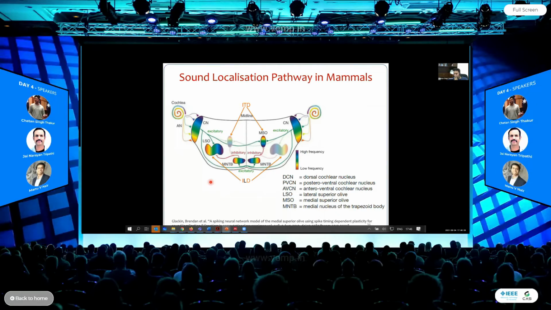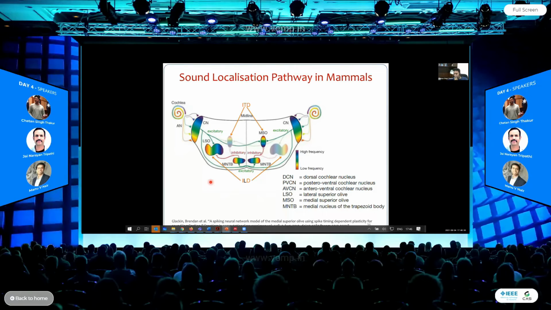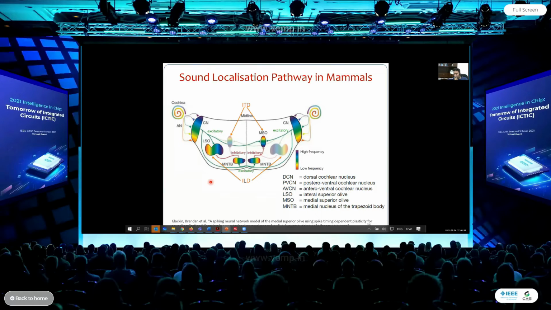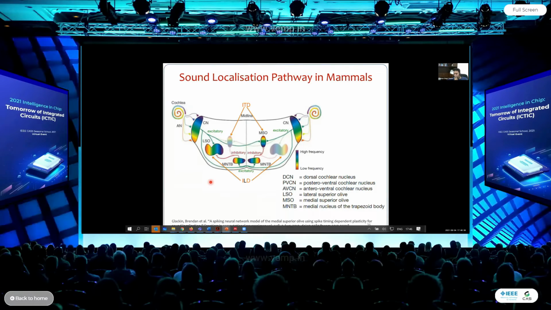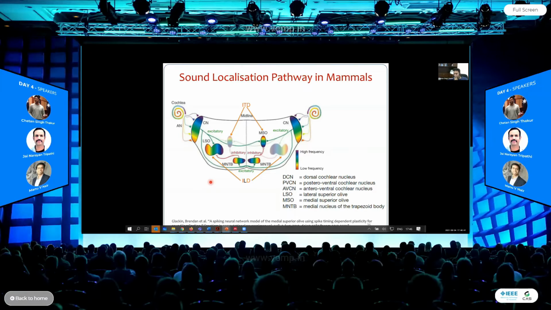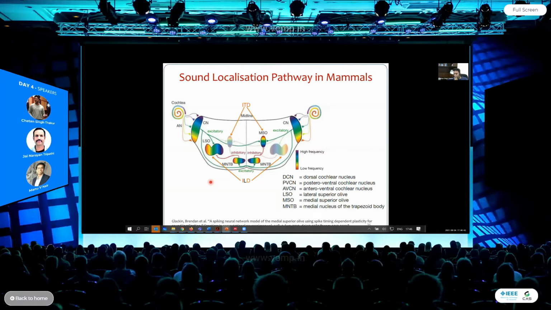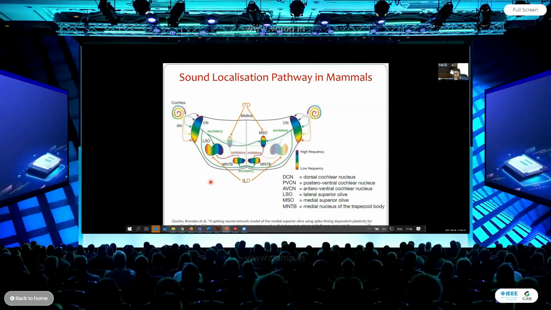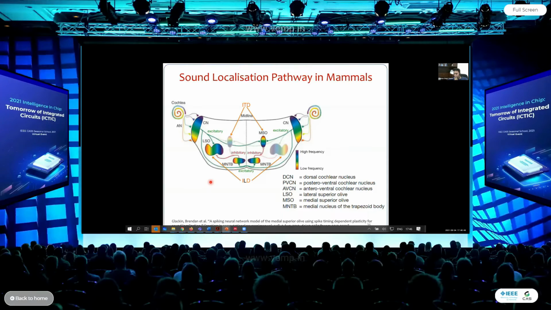That's what lets you hear whether the sound is coming from the top or the bottom, because of the pinnas which we have on the outside. It is a unique structure for each person, like a signature. If you replace that pinna or block it, you will not be able to do localization properly. So anyway, let's move on.